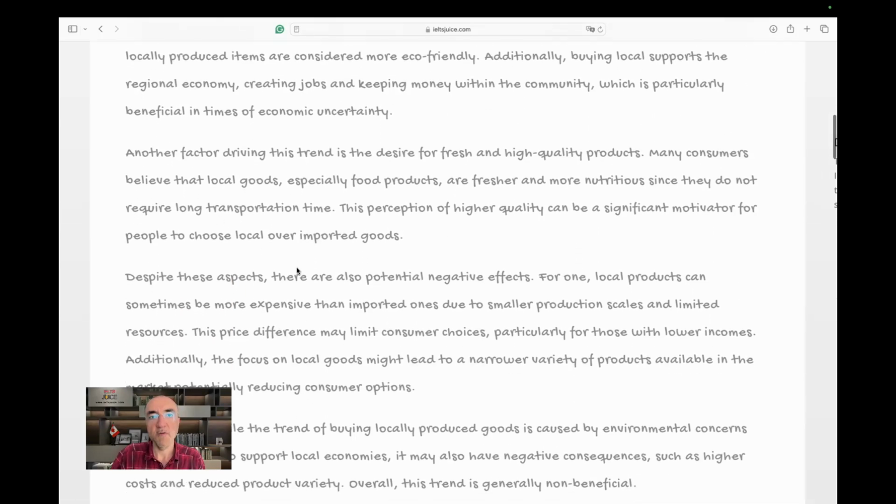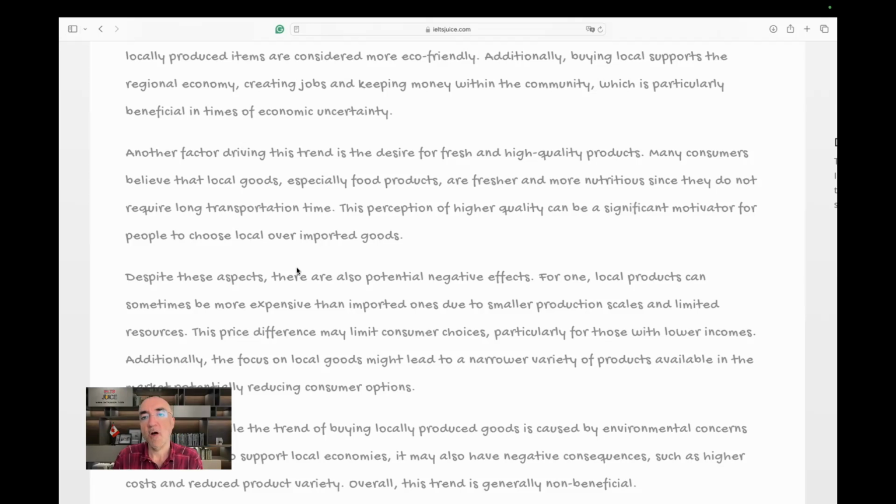Another factor driving this trend is the desire for fresh and high quality products. I love it. So another factor is that fresh products can be found locally. Many consumers believe that local goods, especially food products, are fresher and more nutritious since they do not require long transportation time. Correct?